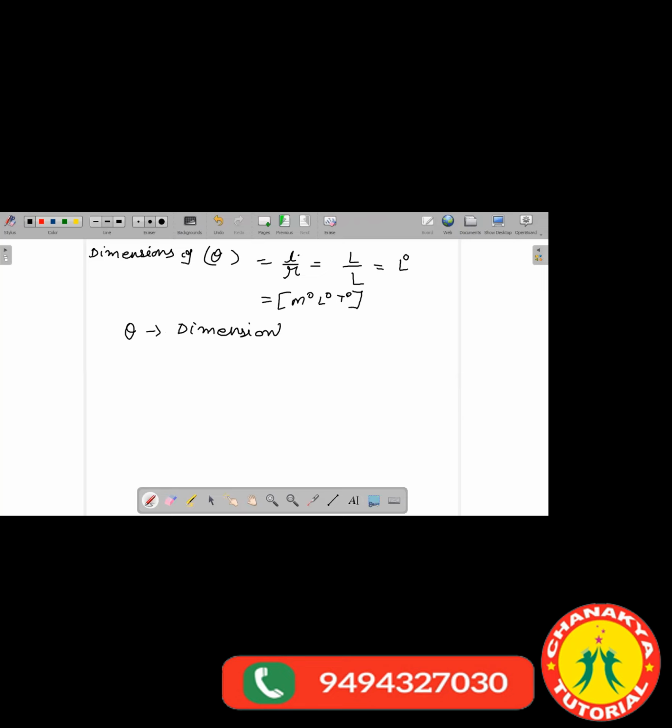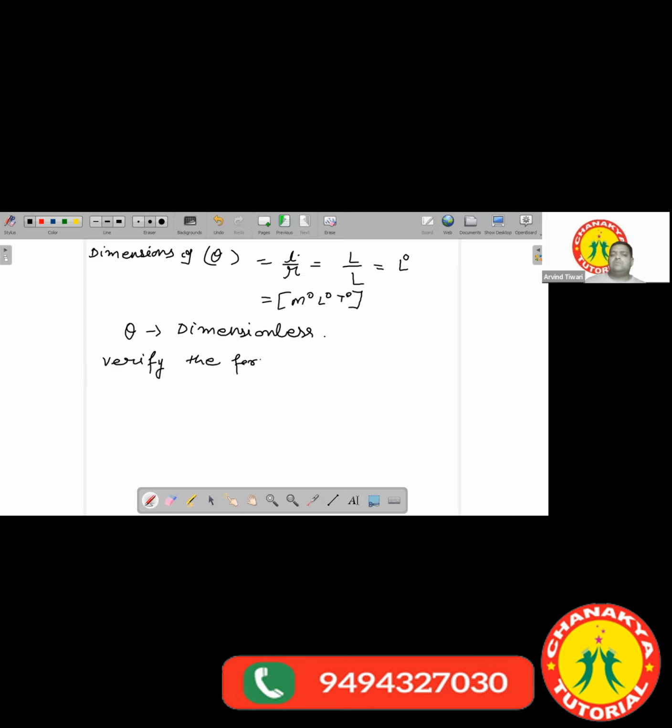Now verify this formula: F equals 6 pi eta R V. Let me explain the different terms.